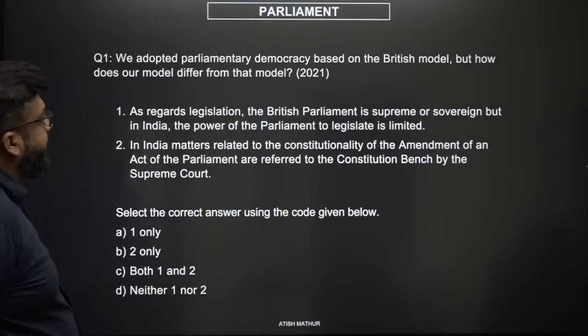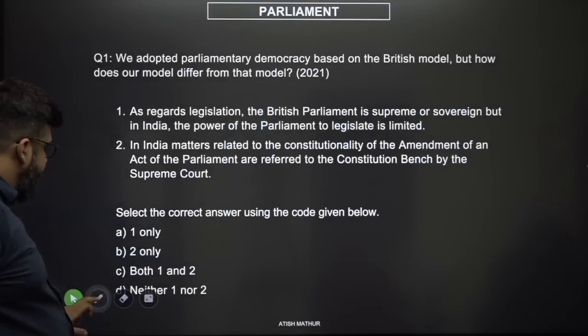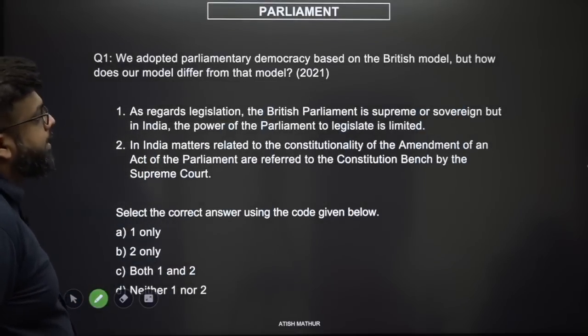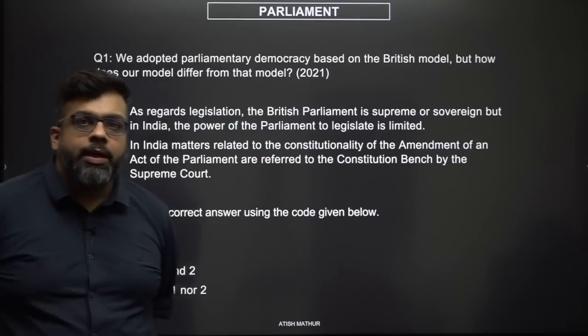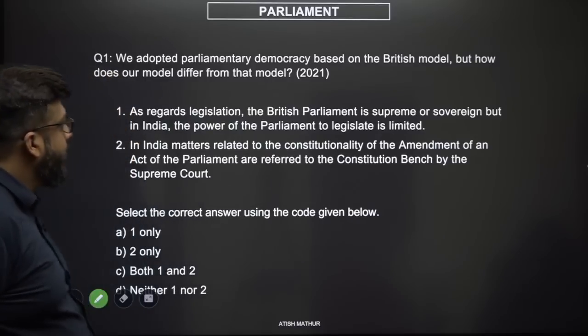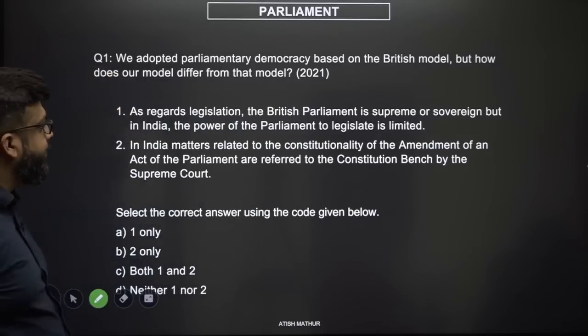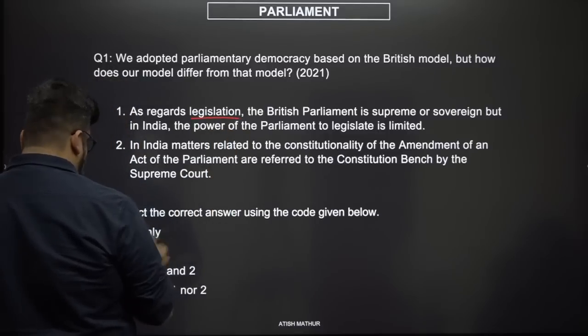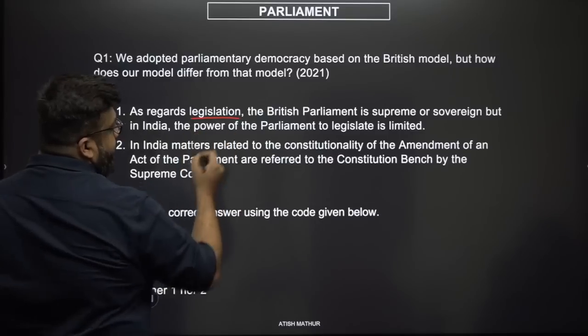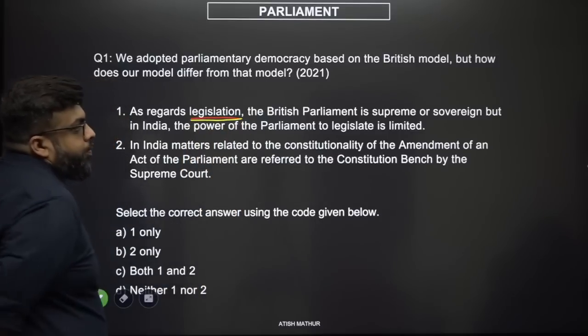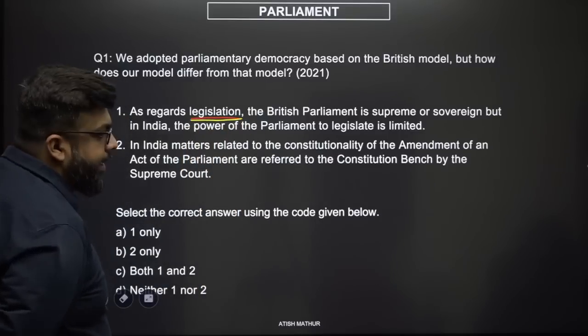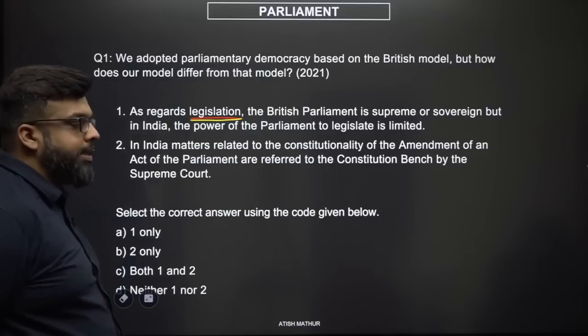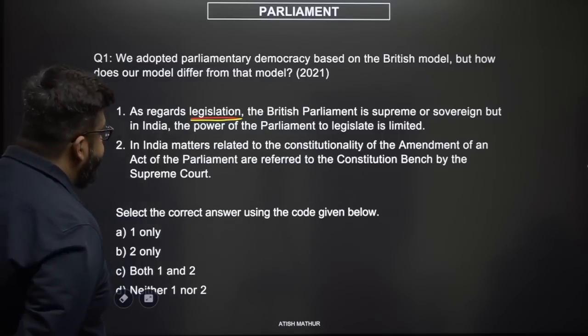In 2021, we adopted parliamentary democracy based on the British model, but how does our model differ from that model? We've got two statements before us. As regards legislation, the British Parliament is supreme or sovereign, but in India, the power of the Parliament to legislate is limited.